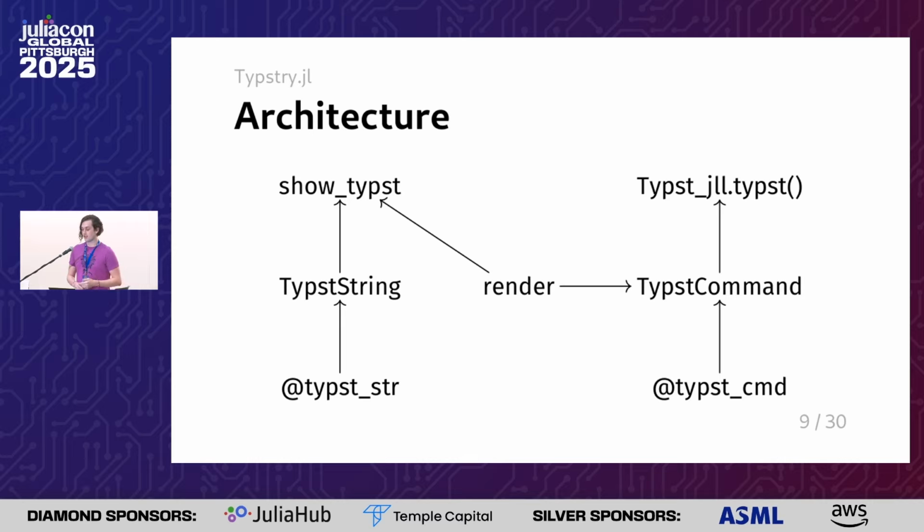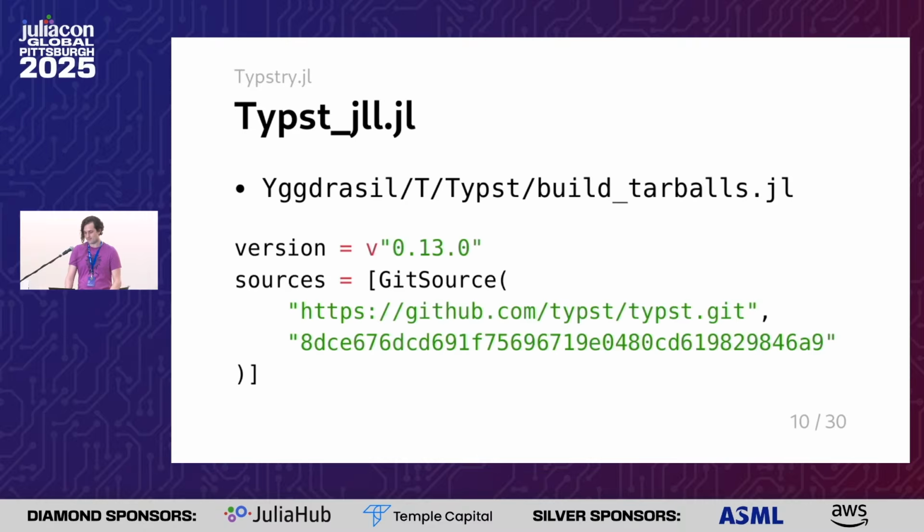So we're going to start on the right side, which is the command line interface, and then move to the left side, which is the Typst formatting, and progress from there.